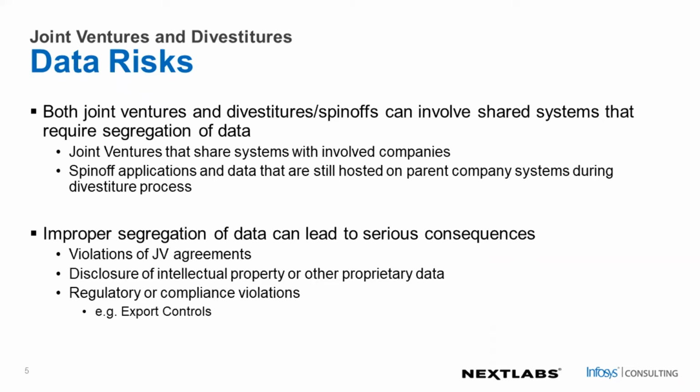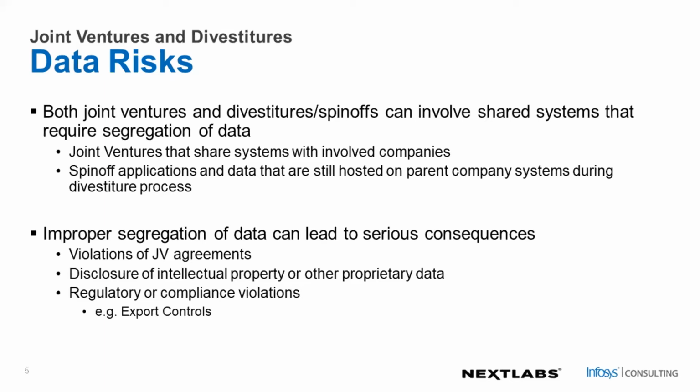For joint ventures and divestitures, there are definitely some data risks associated with it. If it's a case of joint venture or a case of a spin-off, there are shared systems that come into play. So in case of a joint venture, you have companies using the same system. In case of a spin-off, you have the parent company's system being used by the company that takes over a part of the business.